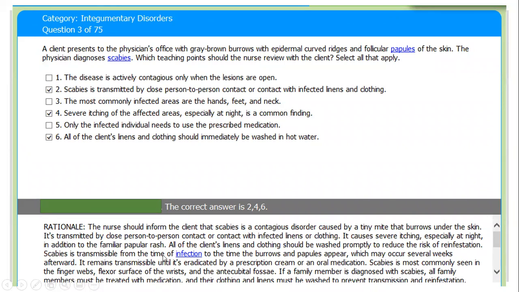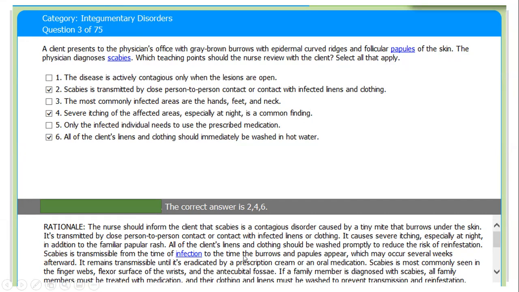Scabies is transmissible from the time of infection to the time burrows and papules appear, which may occur several weeks afterward. It remains transmissible until it's eradicated by a prescription cream or an oral medication.